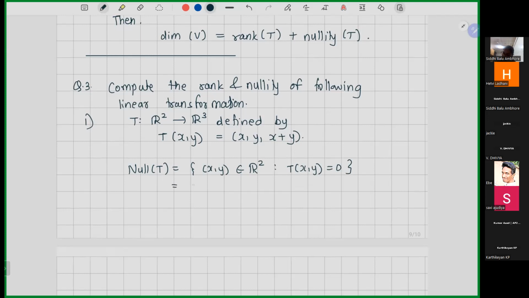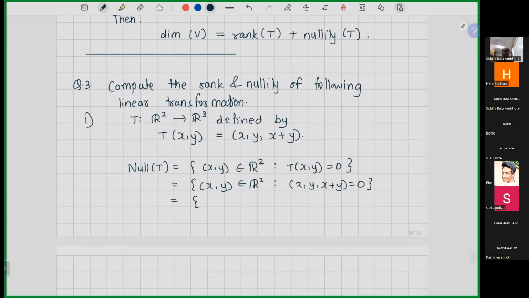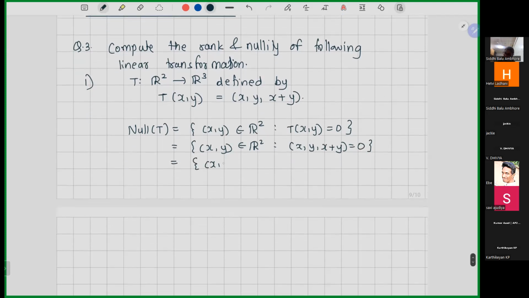What does this mean? It gives me (x, y) in R2 such that x is 0 and y is 0. When I write T(x, y) equal to 0, it means (0, 0, 0).